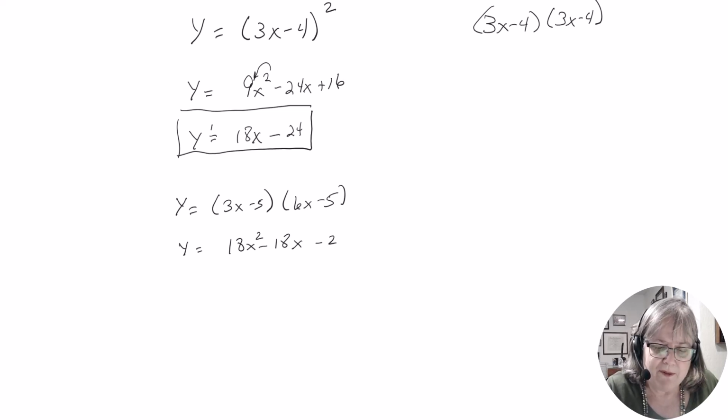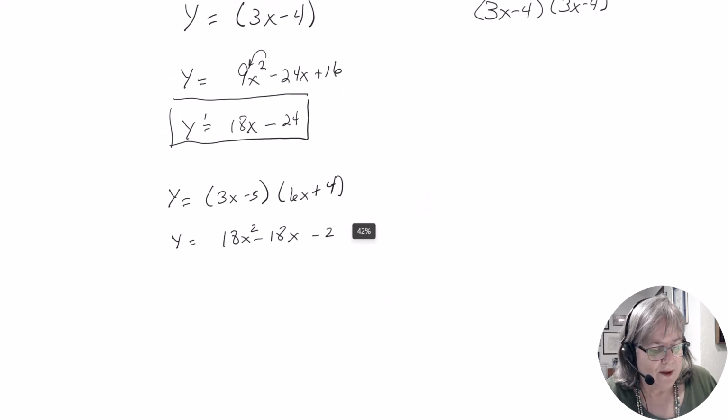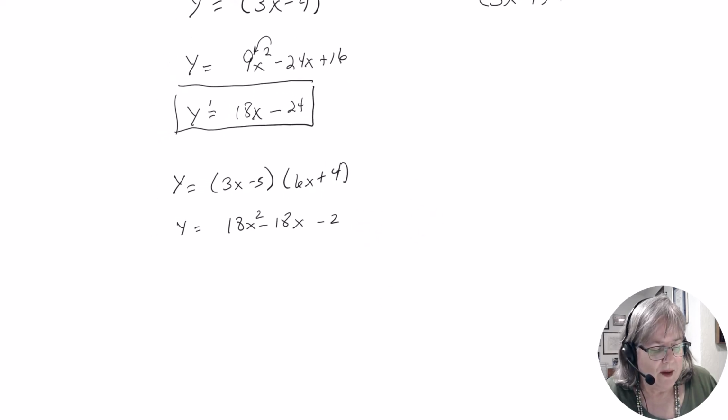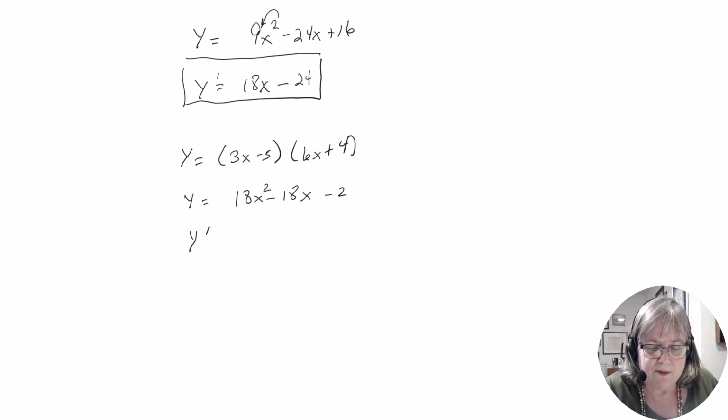This is supposed to be 6x plus 4 to make that work out like that. I got busy thinking about what I want to talk to you about, and I didn't get this straightened out. Okay, so this is not the derivative. So you have 18.